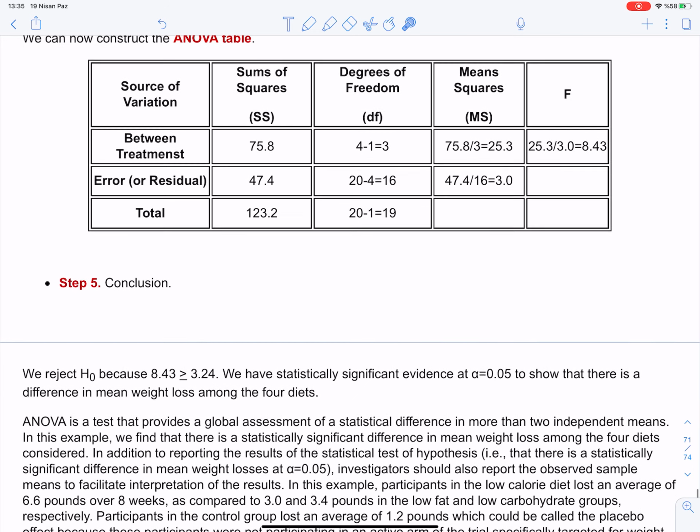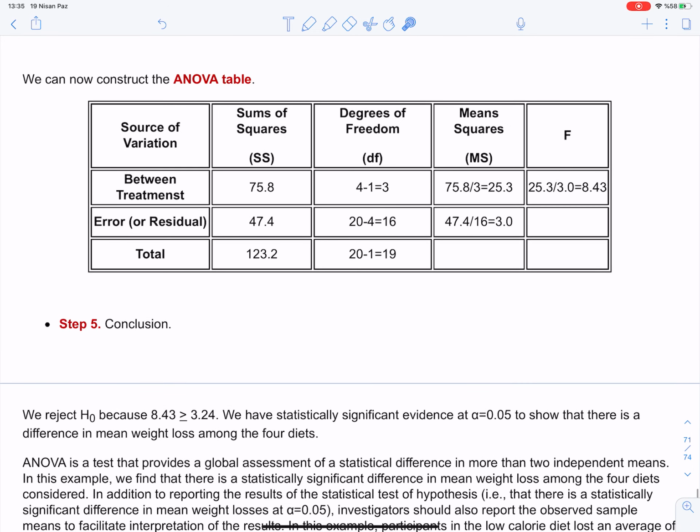Okay, in the conclusion, the F statistic is very large, 8.43, which is much larger than 3.24. We have statistically significant evidence at alpha equals 0.05 to show that there is a difference in mean weight loss among the four diets. We definitely know that there is a difference.